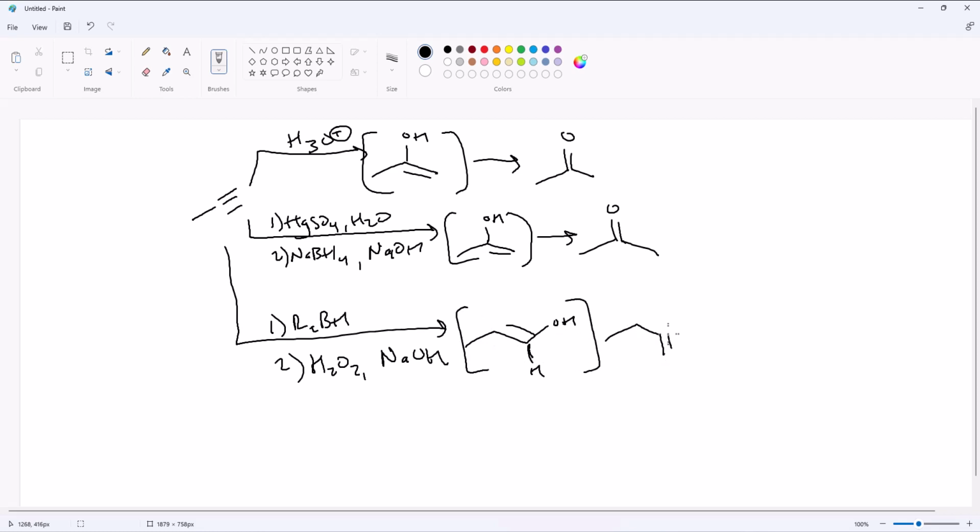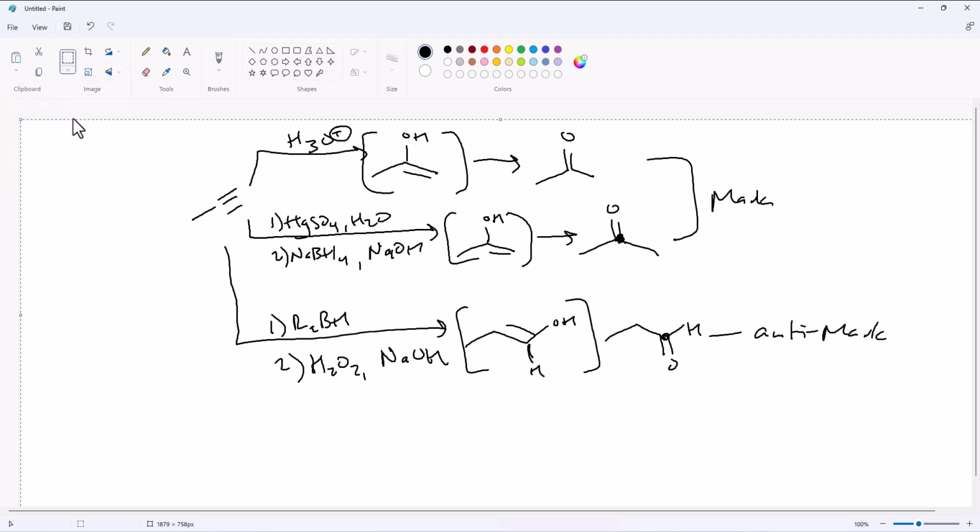So we've changed the location where we've added the carbonyl, whether we've added Markovnikov or anti-Markovnikov. Depending on what we're doing, we'll generate the intermediate enol species, which will then tautomerize to either the ketone or the aldehyde, depending on whether we're doing a Markovnikov or an anti-Markovnikov addition of the alcohol.